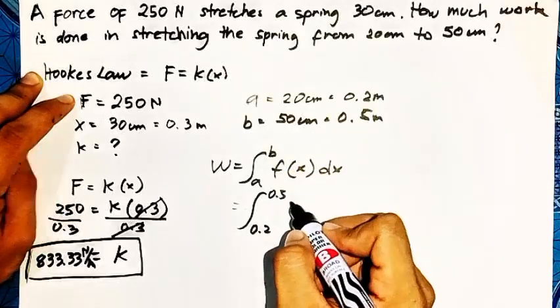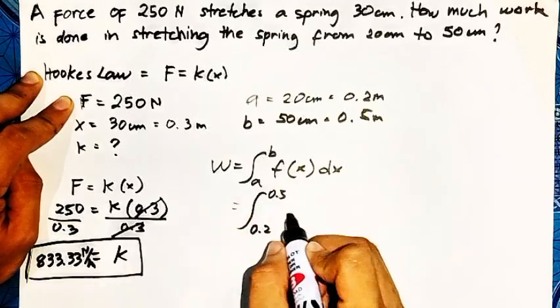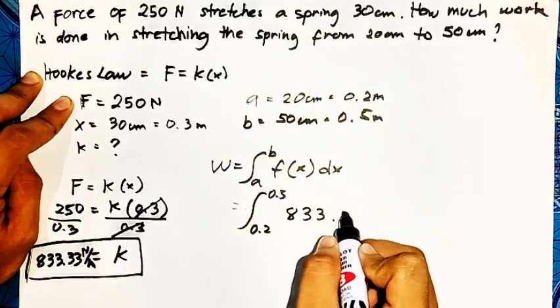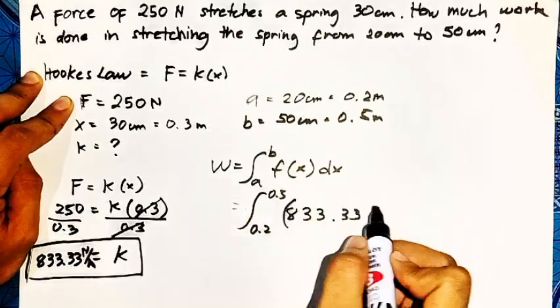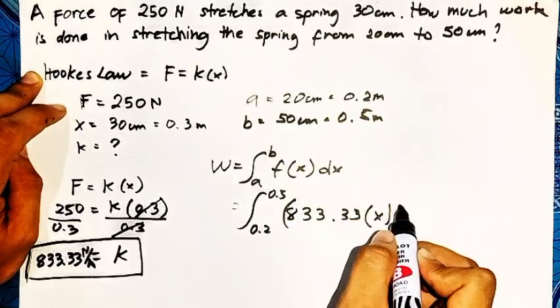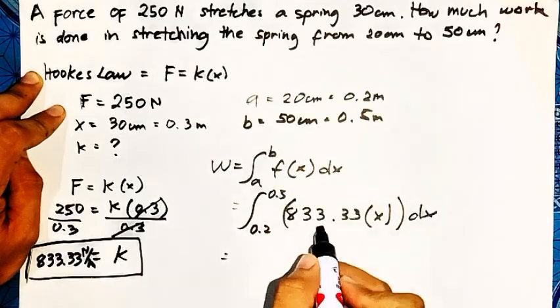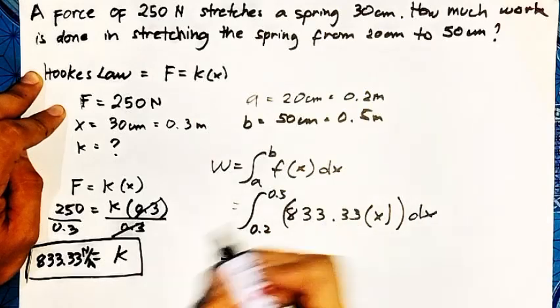F(x), since our F here is K, is 833.33, and we have x, dx.